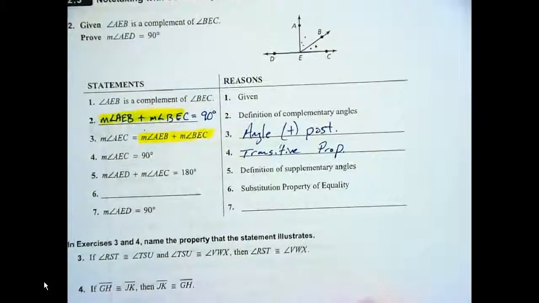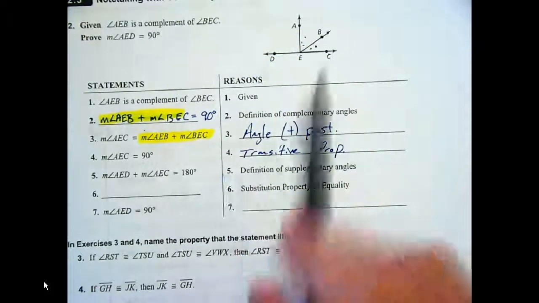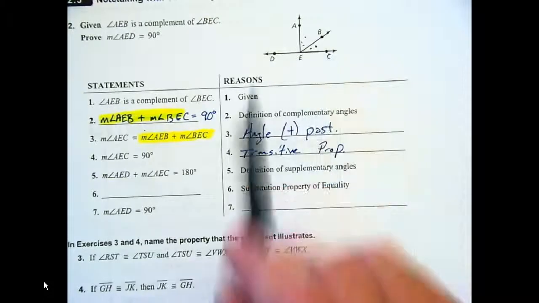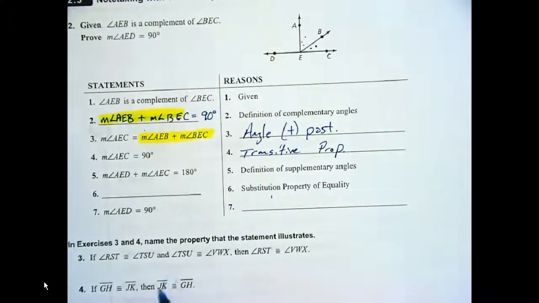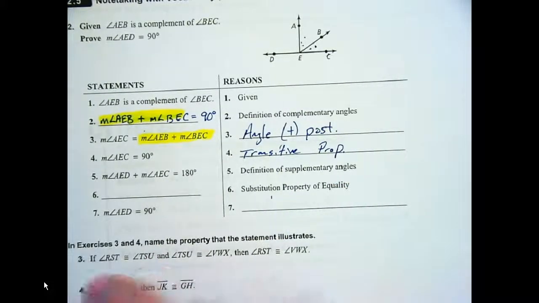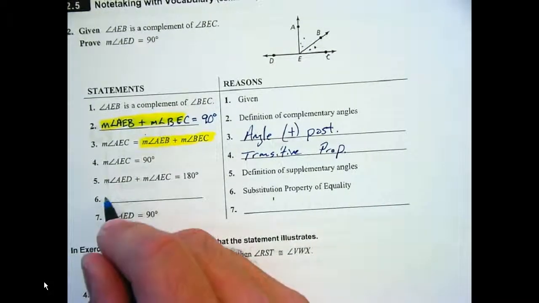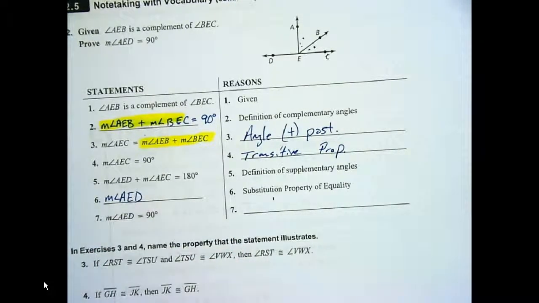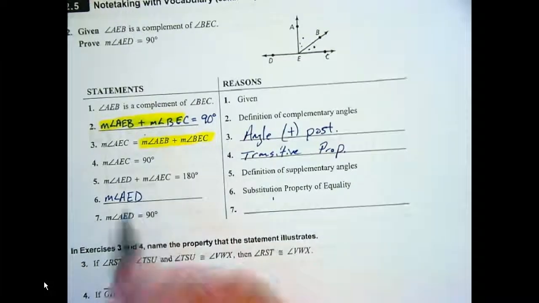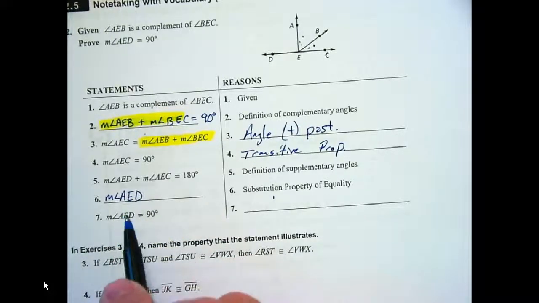All right. AED plus AEC equals 180. Definition of supplementary. It makes a straight line. We can always assume a straight line there. Substitution. Drew? Okay, so AED, you could substitute AEC.